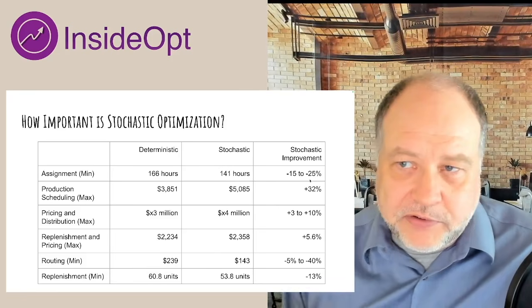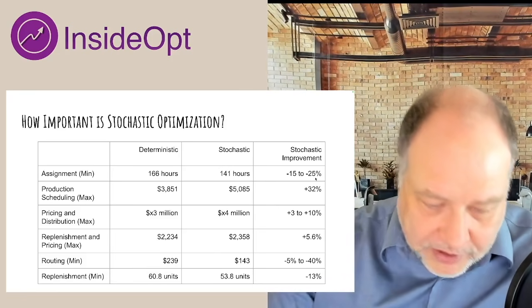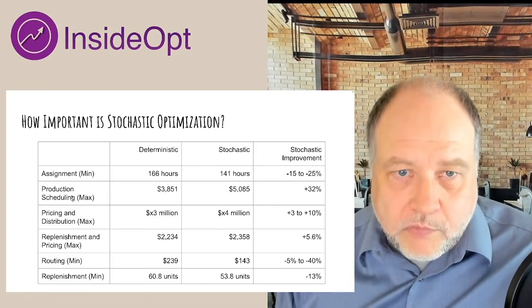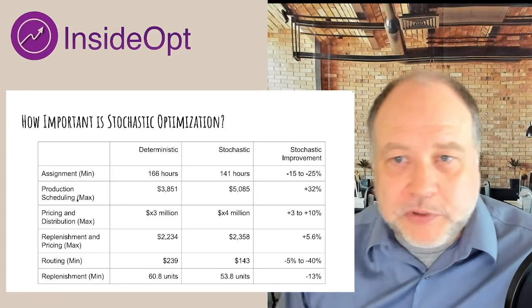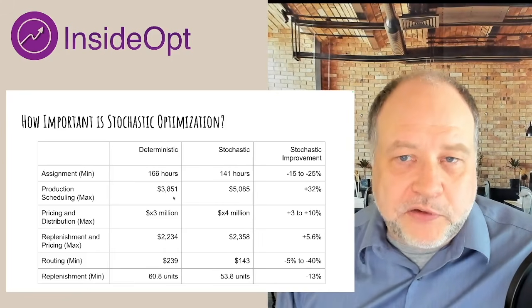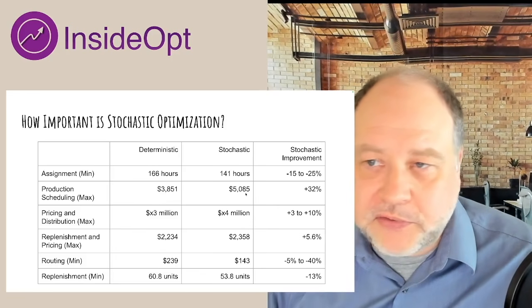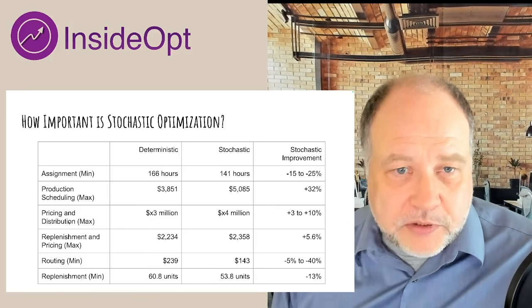And that gave us a 15 to 25% improvement in terms of total spill over 5 days versus last day spill. Production scheduling. The question of what do we do with our sushi dishes went from $3,850 to $5,100 or $5,085, plus 32% in profit.